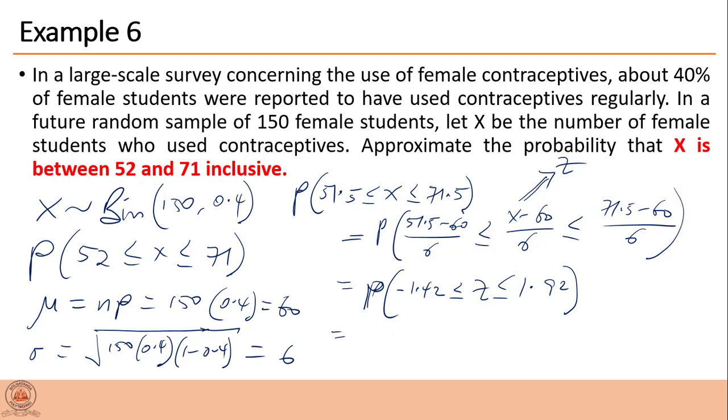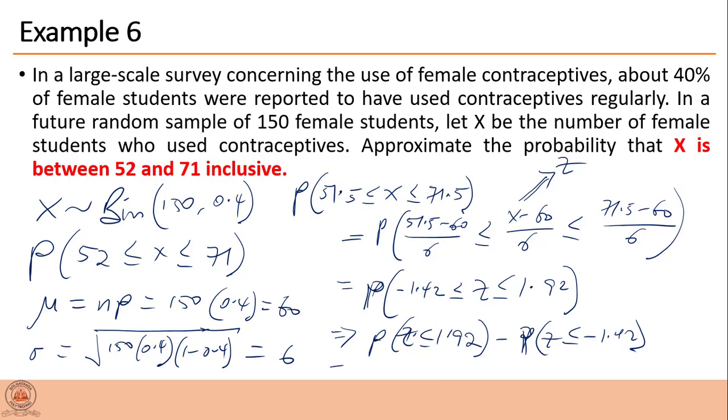So we have P of Z less than or equal to 1.92 minus P of Z less than or equal to negative 1.42.